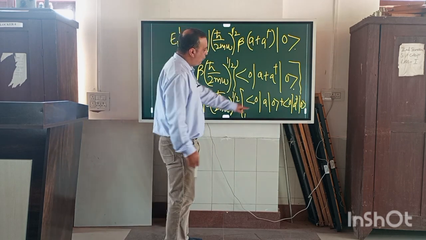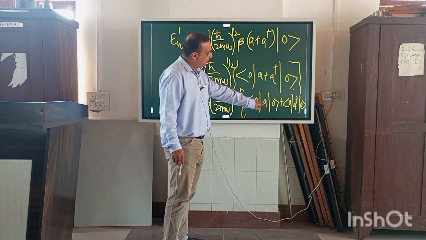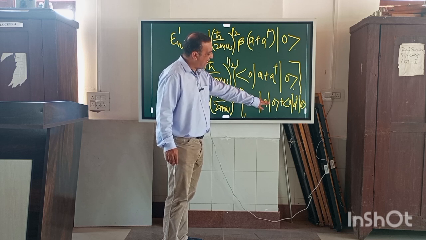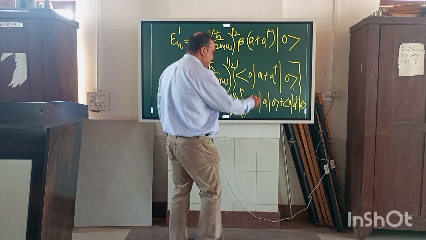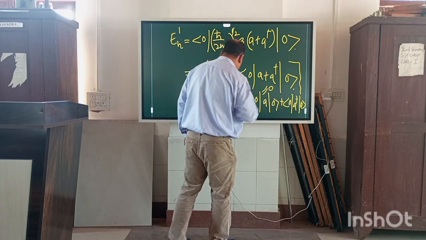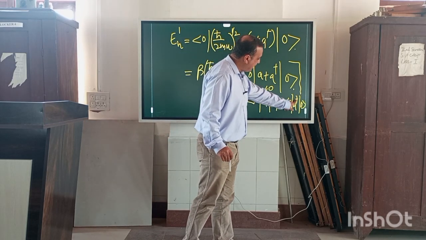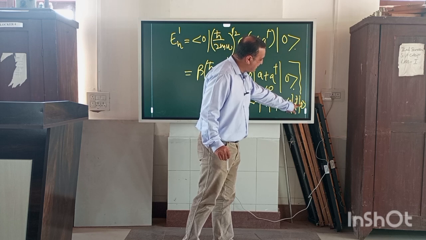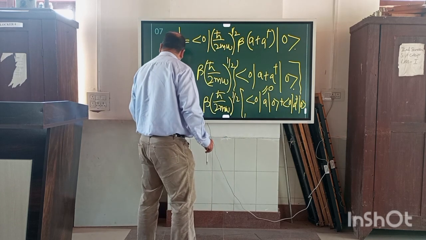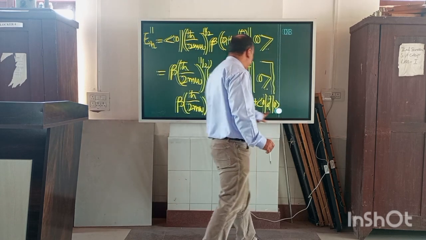Now, you are acting on a system with your state 0 and you are using an annihilation operator. So this thing will immediately come out to be equal to 0. And here we are using the creation operator on the state 0. It will change to the state 1.